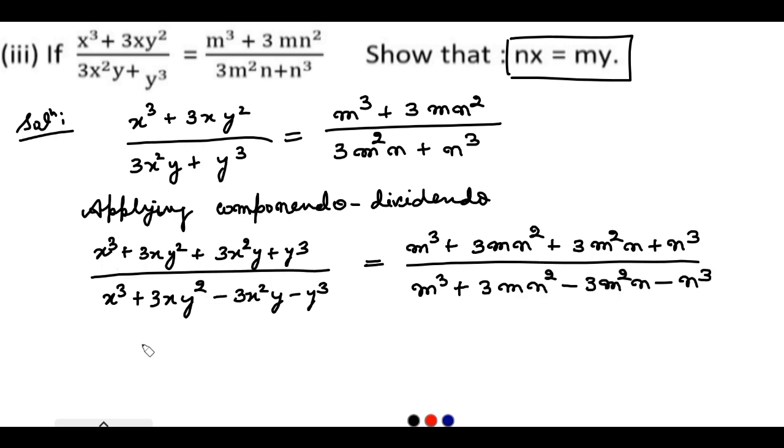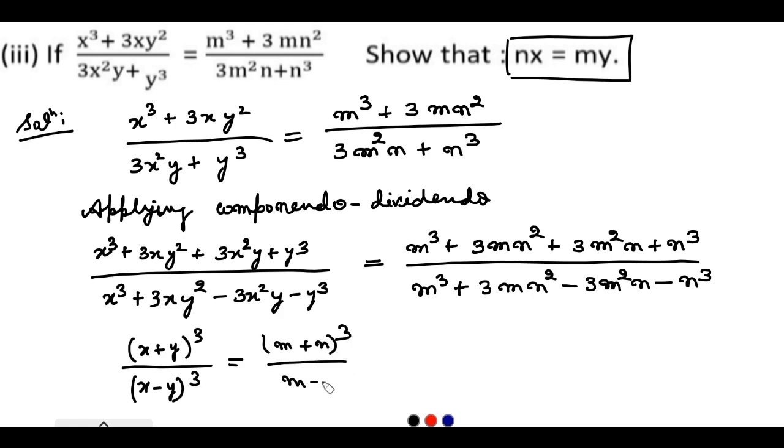Now this is x plus y whole cube, a cube plus b cube plus 3a square b plus 3b square a. In the numerator it is x minus y whole cube. On the right hand side, in the numerator m plus n whole cube and in the denominator m minus n whole cube.